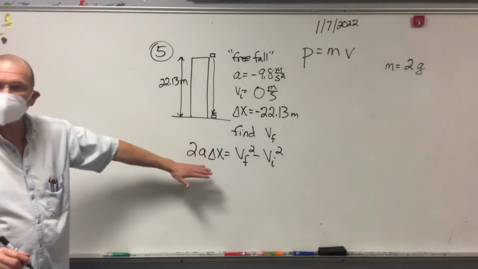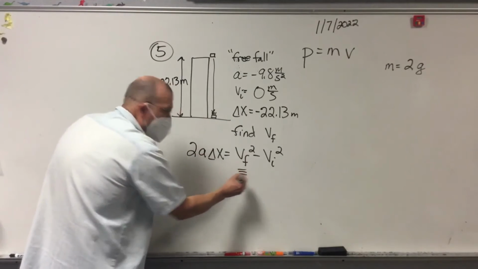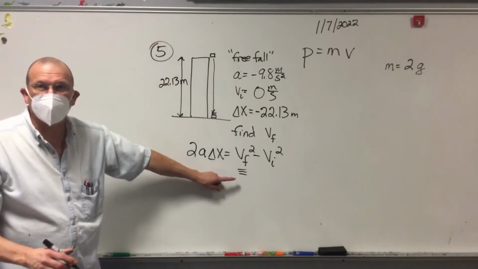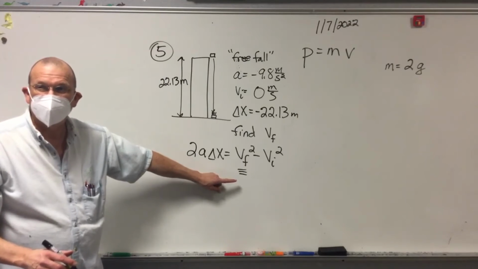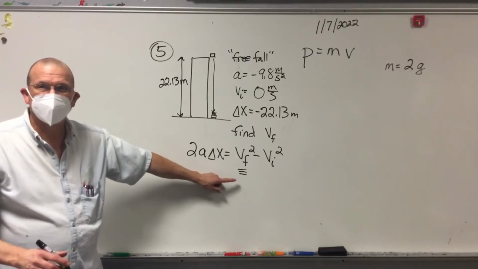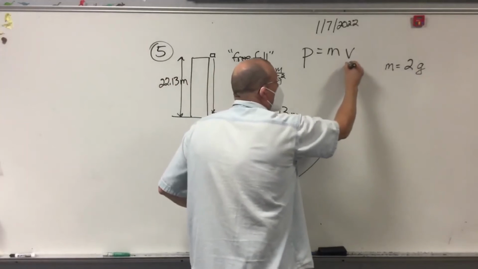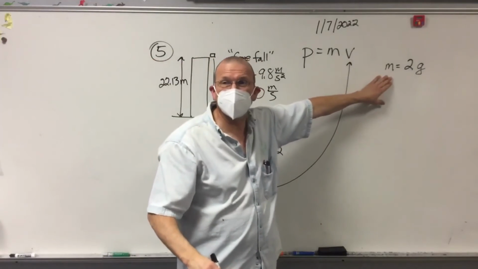So we're going to use this equation and solve for VF. And once we solve for this VF, where is that going to go? Into the first equation. Into this one here, right there.